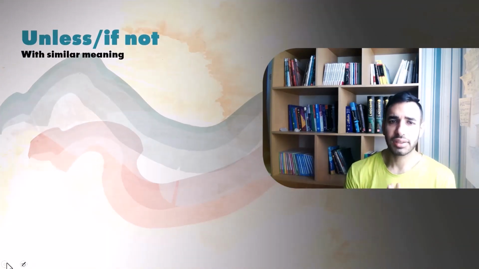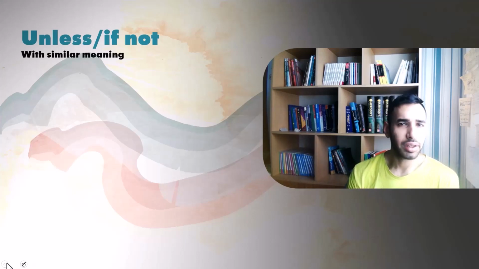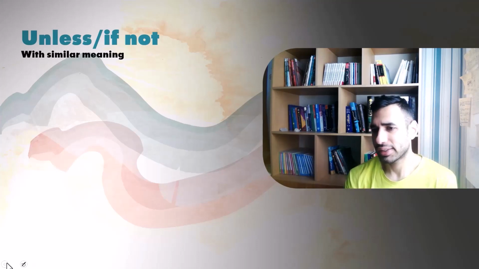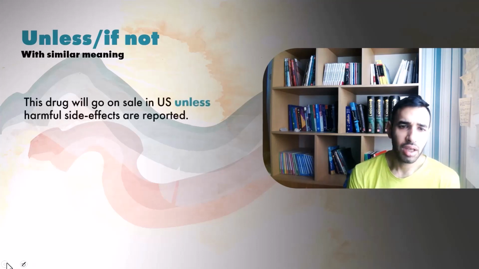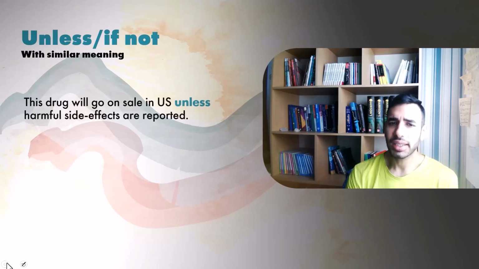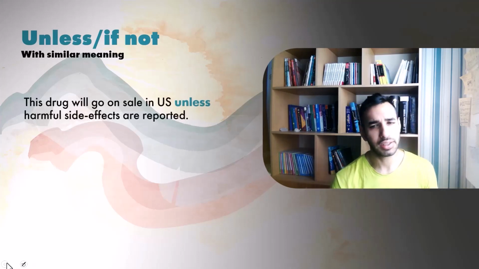Unless and if not, most of the time they have similar meanings. In real condition, they always have a similar meaning. For example, this drug will go on sale in the US unless harmful side effects are reported.